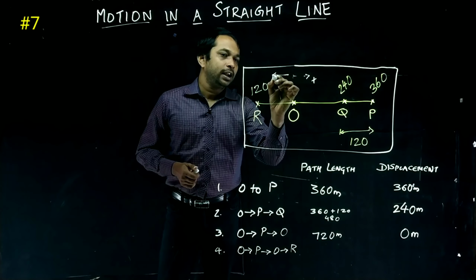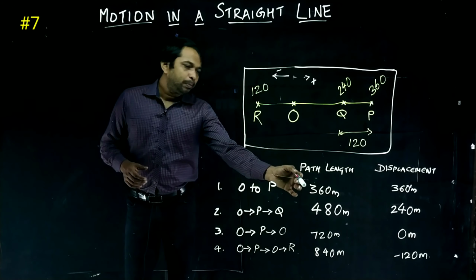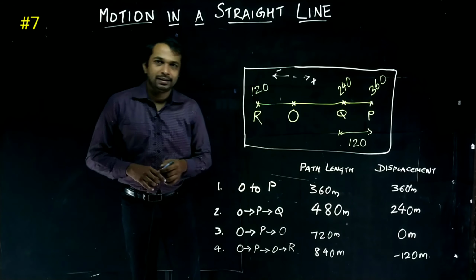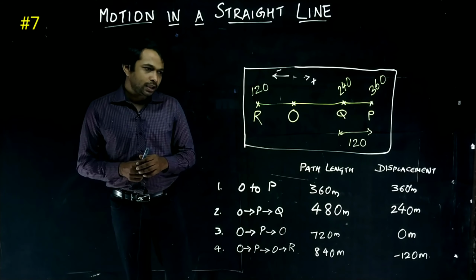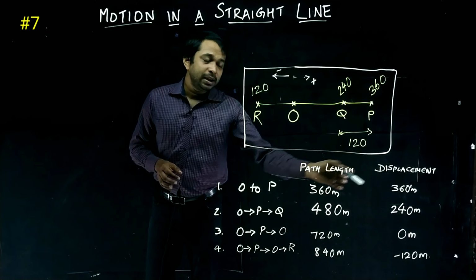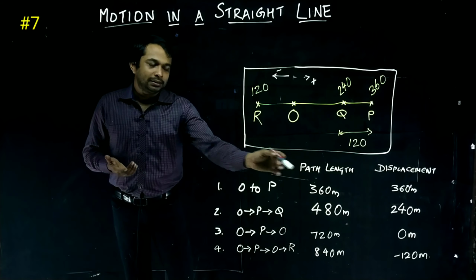Now here certain points that you have to note is, see, the path length and displacement can be same in magnitude, okay, but displacement will not be greater than path length. Here you can see the path length is going on increasing and the displacement is changing according to the position.